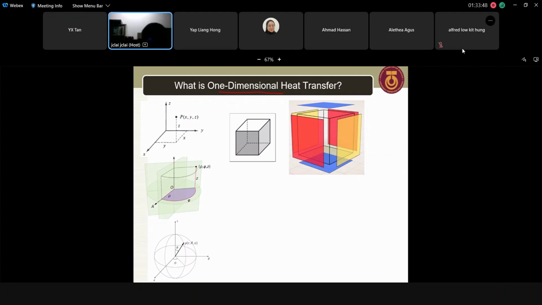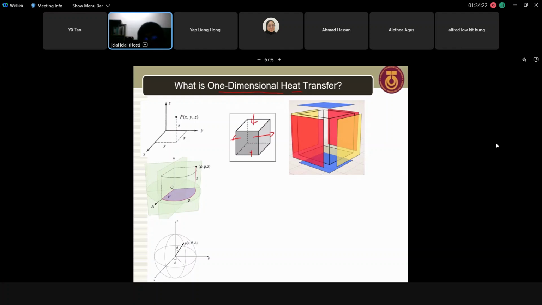I give you an example for Cartesian coordinates. When we say heat is transferred through one dimension only, what does it mean? Let's take this cube as an example. Let's say heat is transferred from inside to outside, from all surfaces.